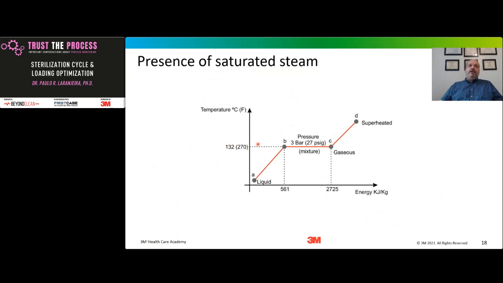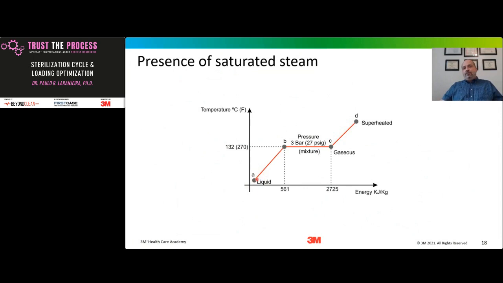And as you see, when the cycle, when we are heating up the water, depending on the steam source that you have, if you have an external steam source, you're going to receive the steam ready for use, or if you have a steam generator underneath your sterilizer or by your sterilization equipment, it is going to do this.